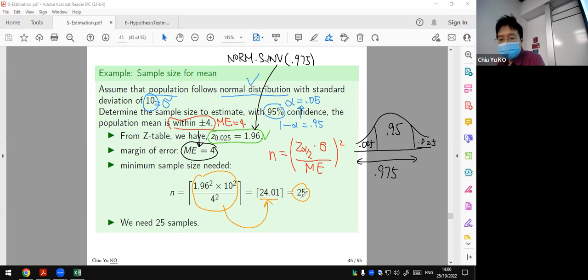The sample size calculation just tells you that no matter what you find, with X bar and mu here, you will go left and right by 4, as long as you have n of at least 25, regardless of what the sample actually is. Is that clear?